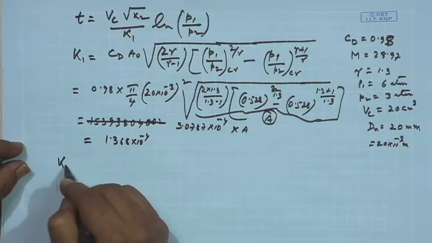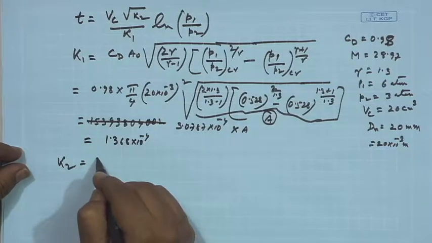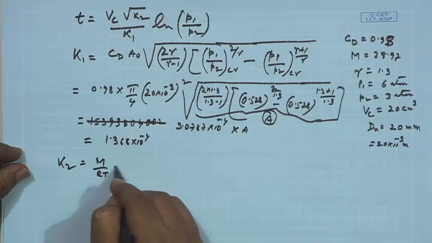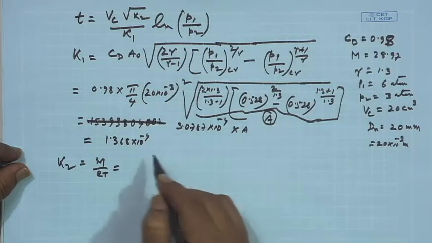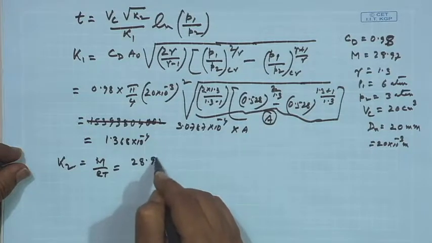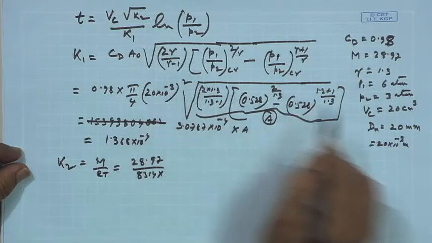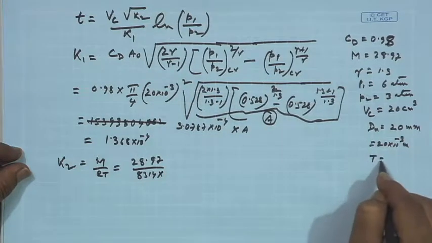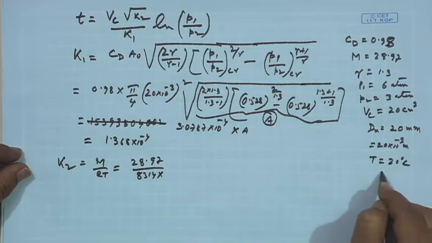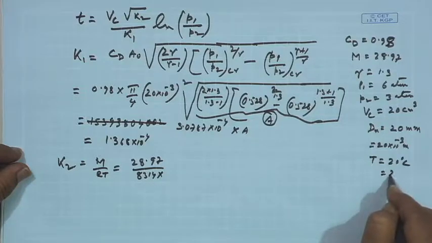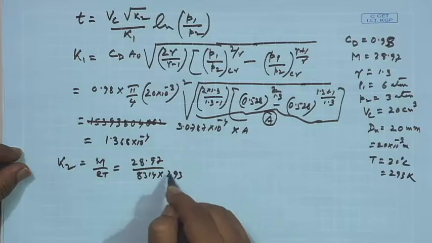Okay, K2 is coming to be equal to M by RT. M is given here as 28.97, R is 8314, and T is 20 degrees centigrade, which we have not written. T is 20 degrees centigrade, that is equal to 273 plus 20, so 293 Kelvin.